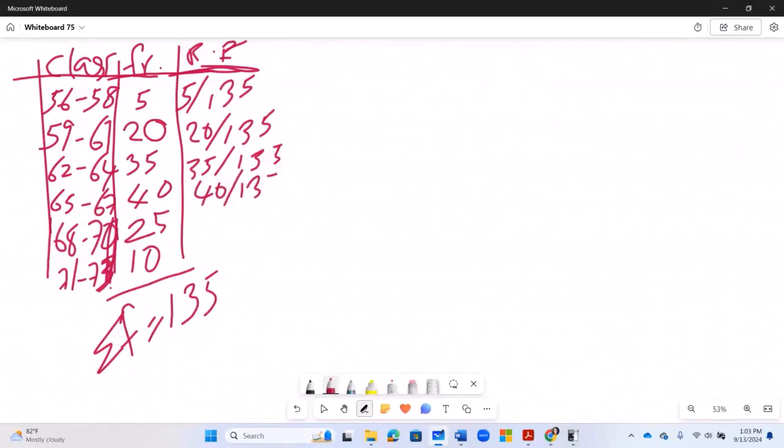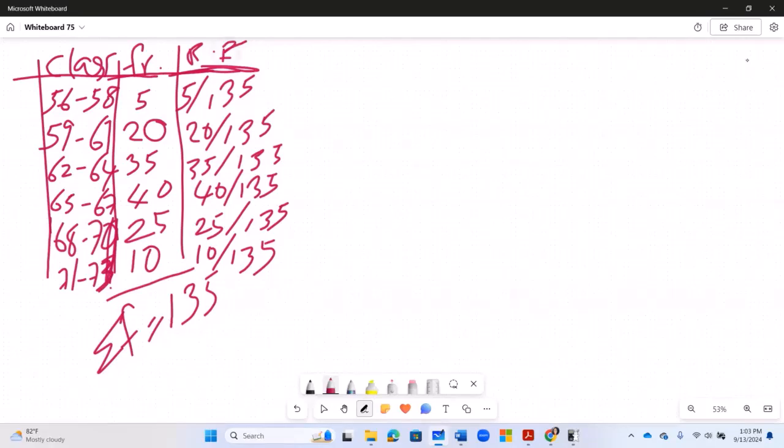I don't have to simplify it. 25 divided by total frequency, 10 divided by total frequency. So at this point, this table is now called a relative frequency distribution. When you add the relative frequency it becomes a relative frequency distribution.